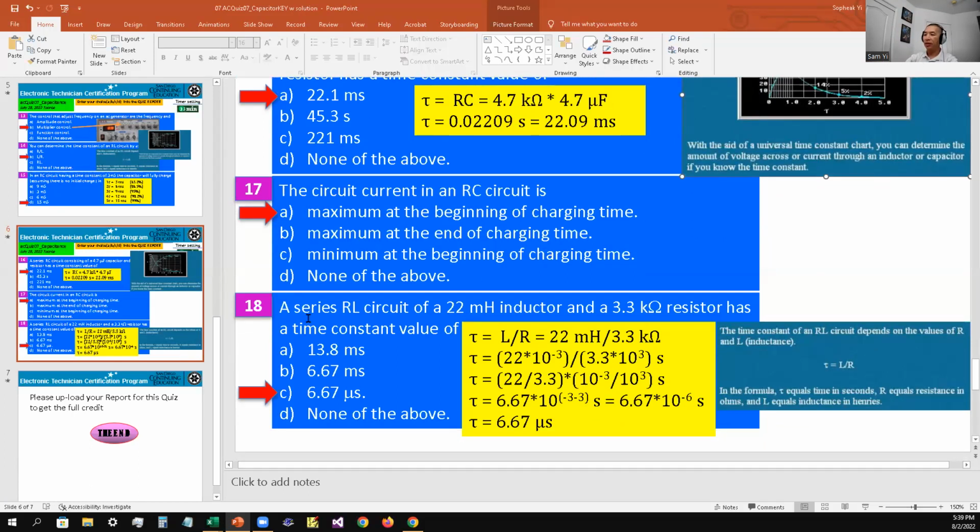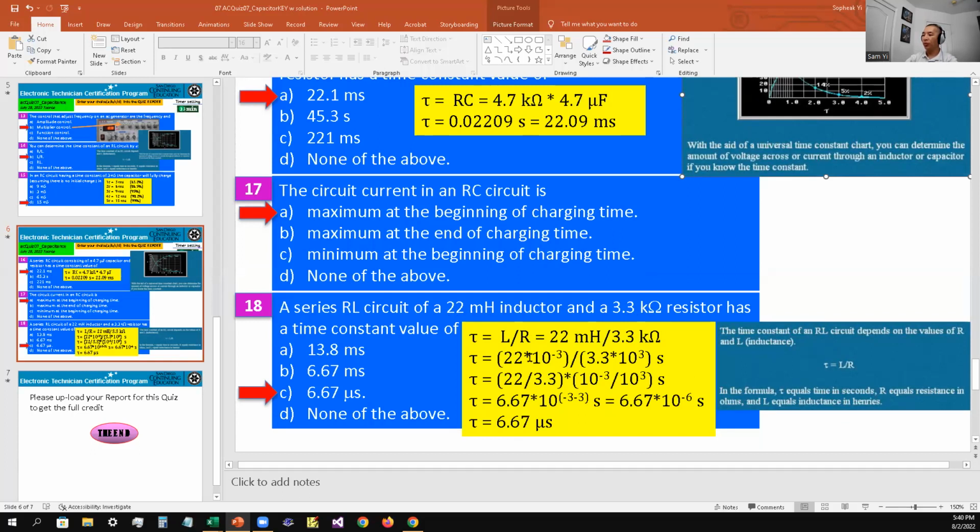Okay, for 18, a series RL circuit of a 22 millihenry inductor and a 3.3 kilo ohms resistor has a time constant of... So the time constant equals L divided by R. So L is 22 millihenry divided by 3.3 kilo ohms.